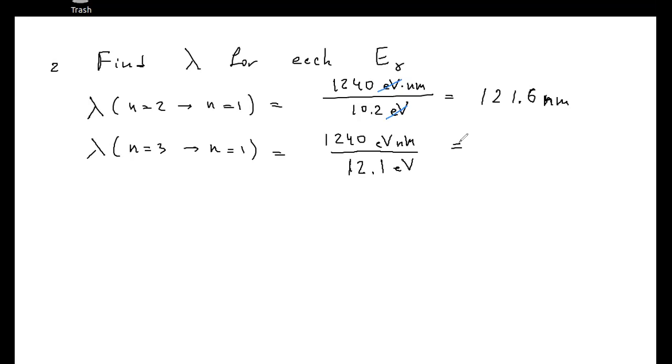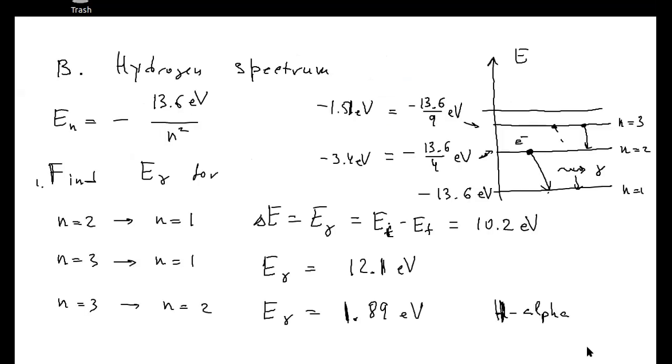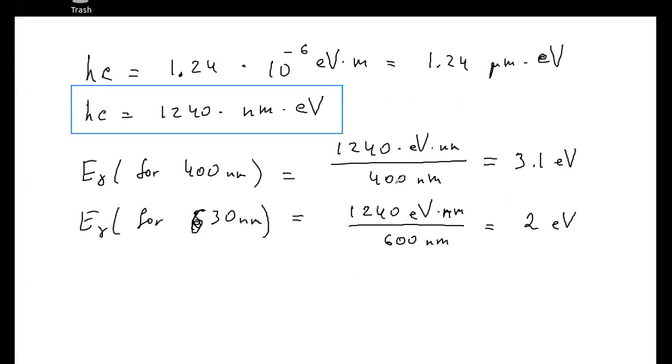It's 102.479. So apparently these are very short wavelengths because visible light is in between 406 or 700, maybe 700 it is the limit.